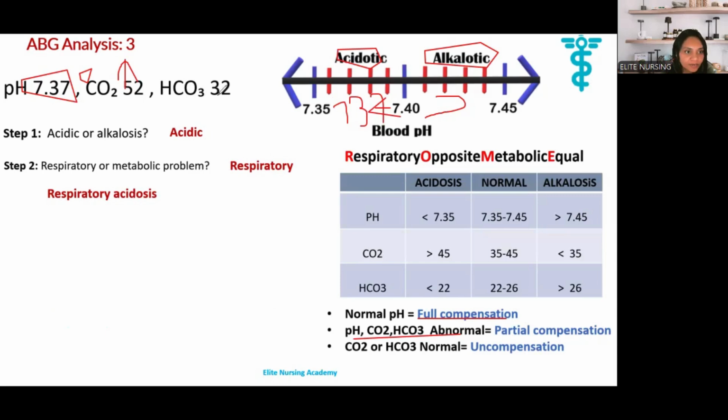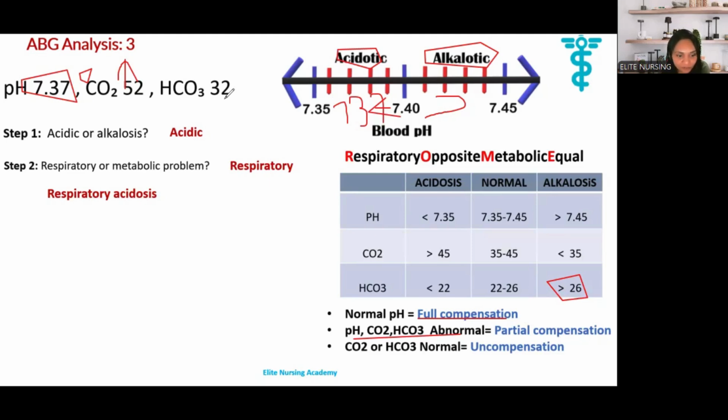If we look at the bicarbonate, which is 32, a normal value of bicarbonate is 22 to 26, which is greater than 26, it's 32. If this is a metabolic problem, pH and bicarbonate will go in the same direction, but this is not going in the same direction. This is opposite. The pH is low on the acidic side and the bicarbonate is on the alkaline side, greater than 26.